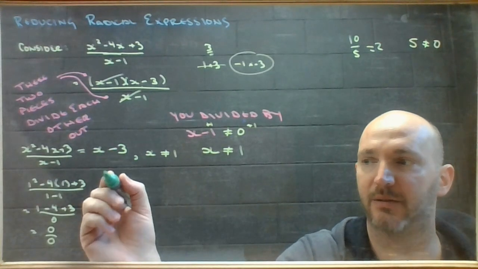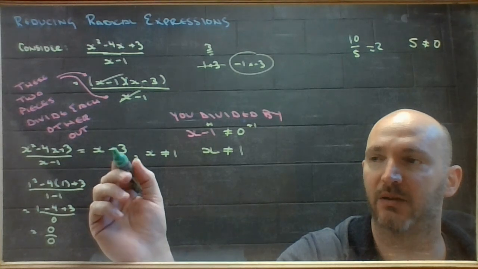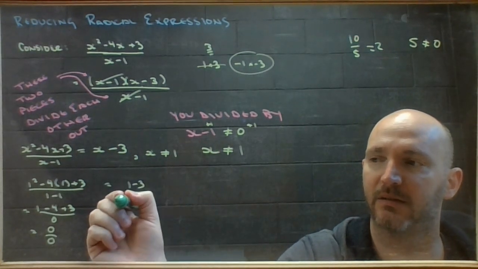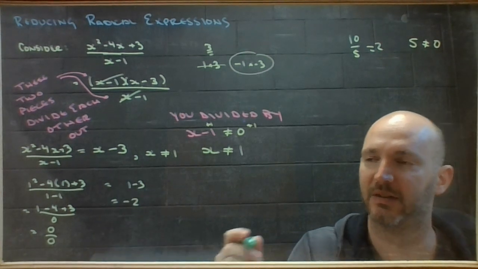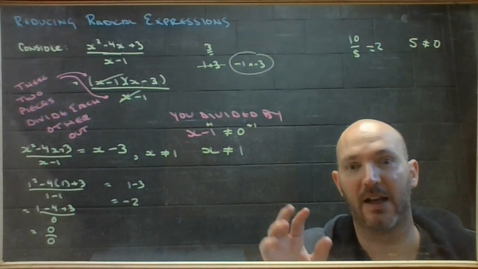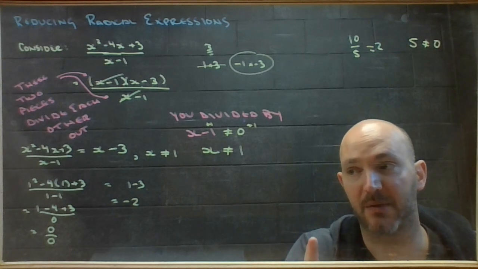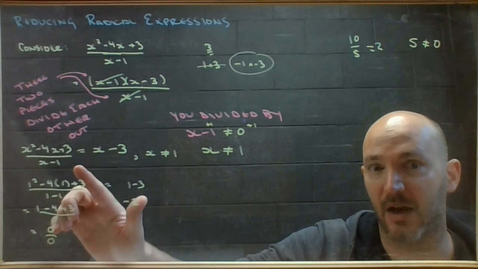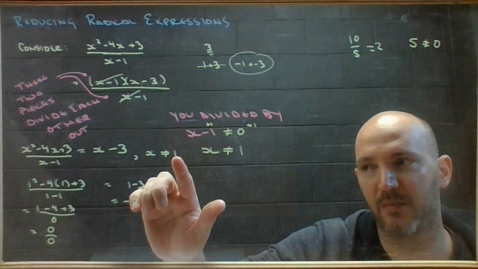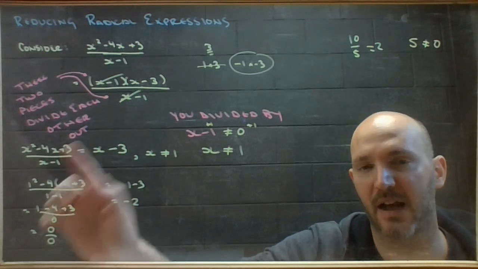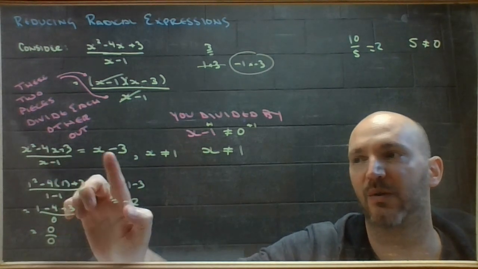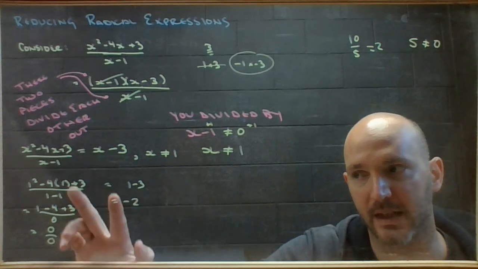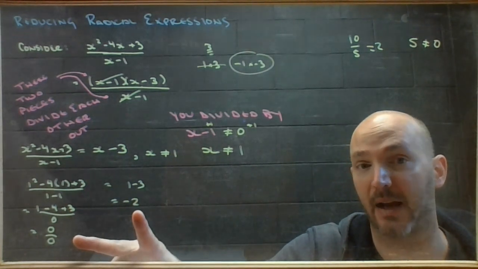On this side, though, if I put in the 1, I get 1 minus 3 is negative 2. So at any value except 1, these things have the same output. But if you put 1 in there, suddenly they spit out something random.